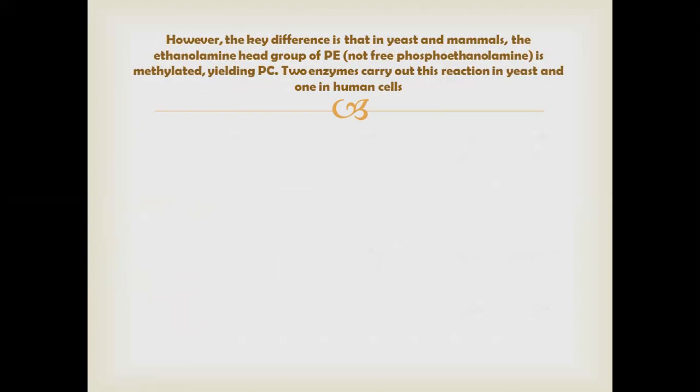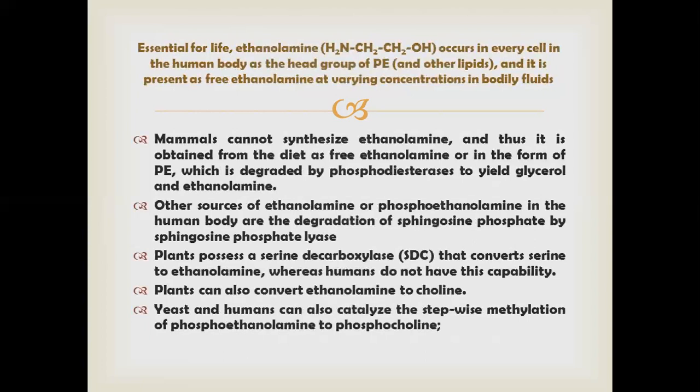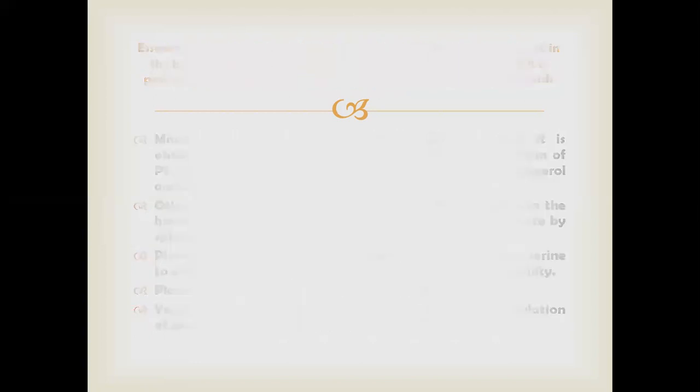But the main and key difference is that in yeast and mammals, the ethanolamine head group of phosphatidylethanolamine is methylated. As we said, yeast and humans can catalyze stepwise methylation of phosphoethanolamine to phosphocholine.